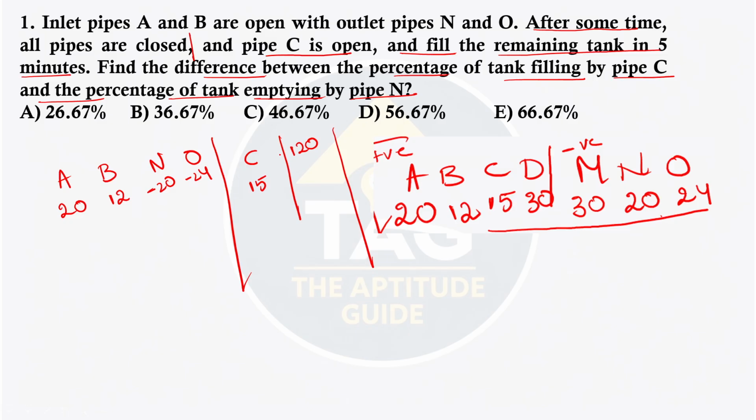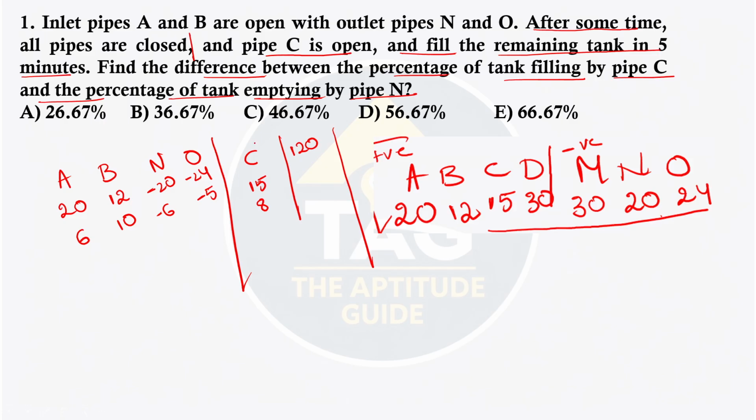Now, A can fill 6 units per minute, B can fill 10 units per minute, N can empty 6 units per minute, O can empty 5 units per minute, and C can fill 8 units per minute.